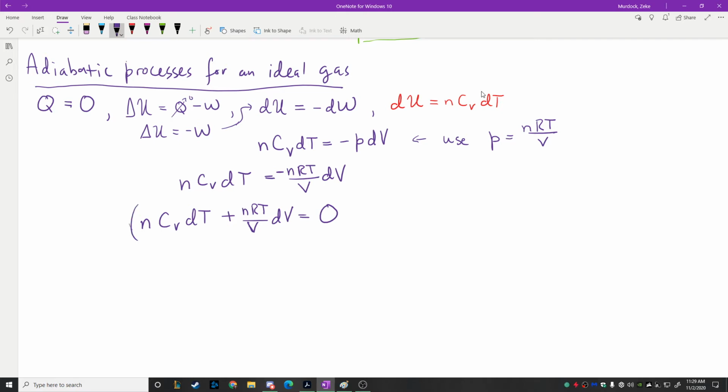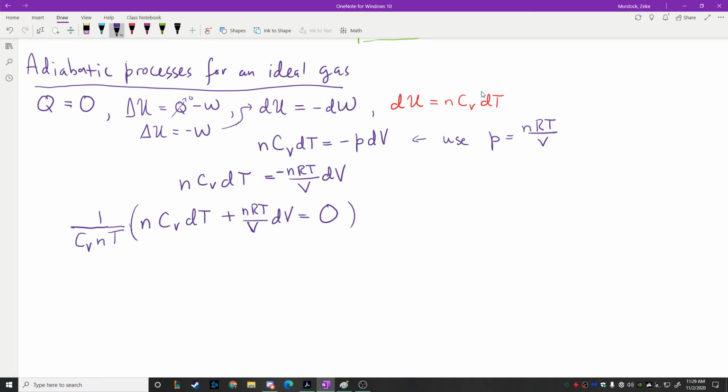So we're going to multiply by 1 over T, and we also want to divide by n, because there's an n in every term. And then we're also going to divide by CV, so we get rid of all the terms in front of the dT.